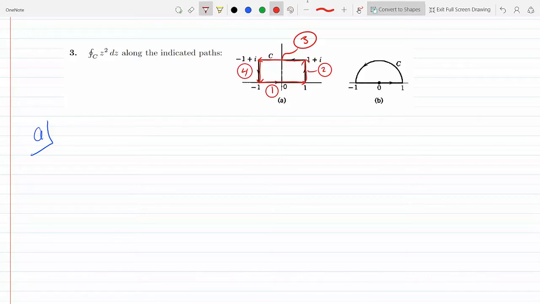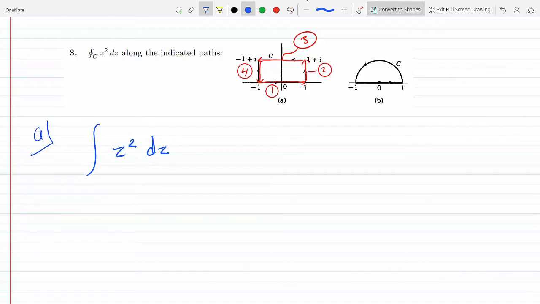So then, z squared dz, you're going to have to take the closed integral. So you're starting at, let's say, 0. She just says integrate.